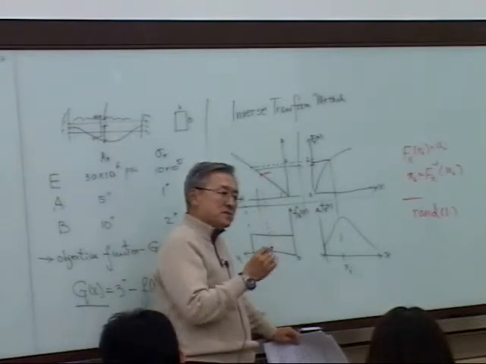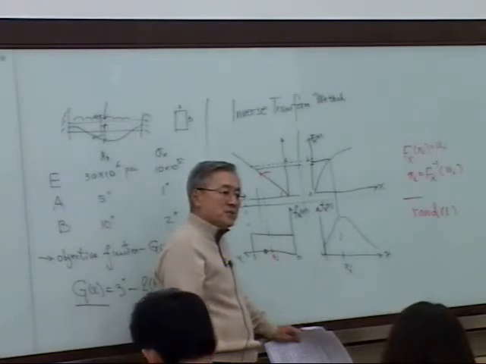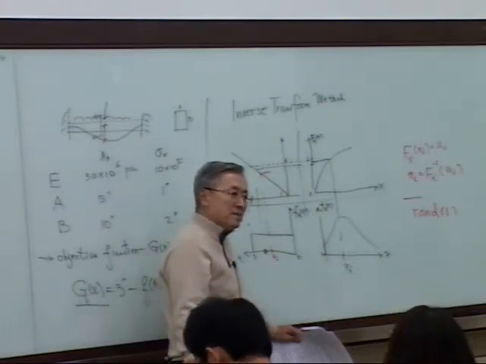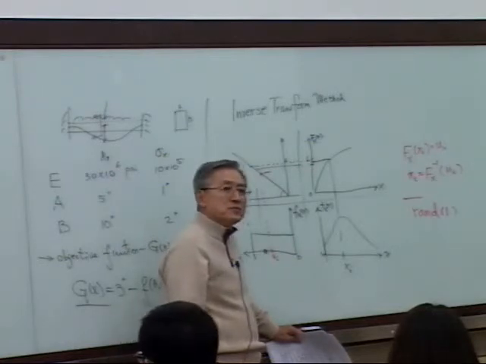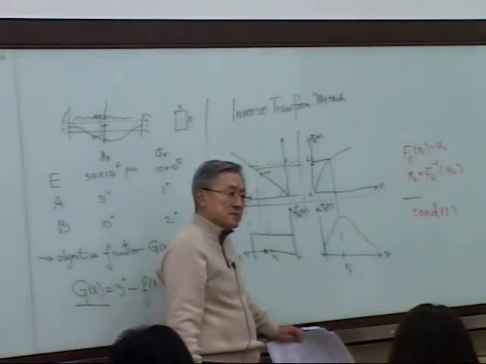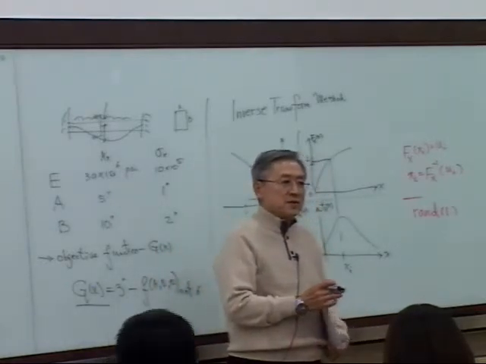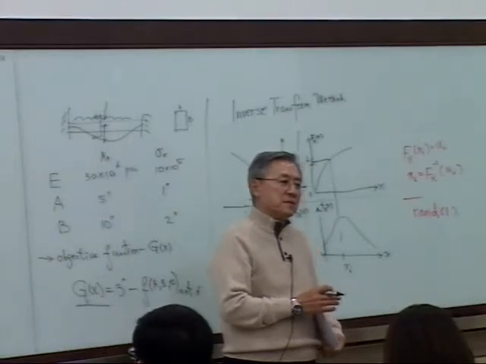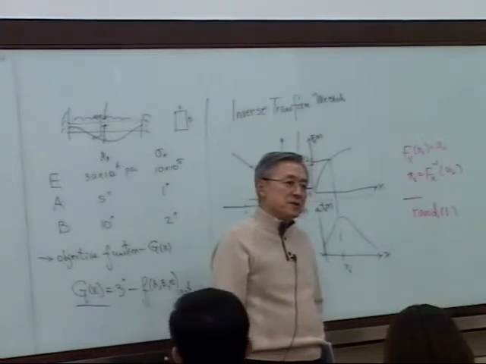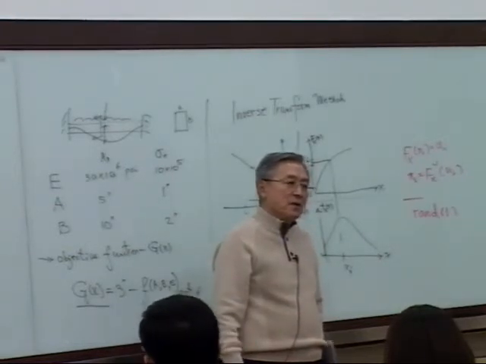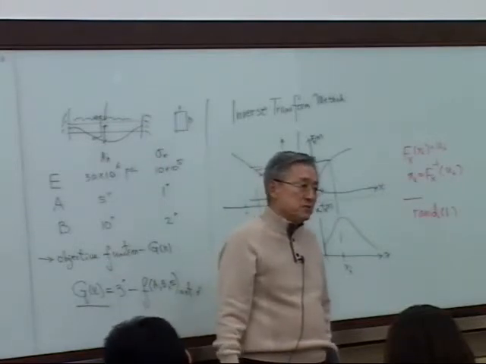But as far as I know, if you pick out the RAND, R-A-N-D, in MATLAB, I think that's based on the uniform distribution. That's my understanding. And you may check out MATLAB to look at how to generate the other than uniform distributions.